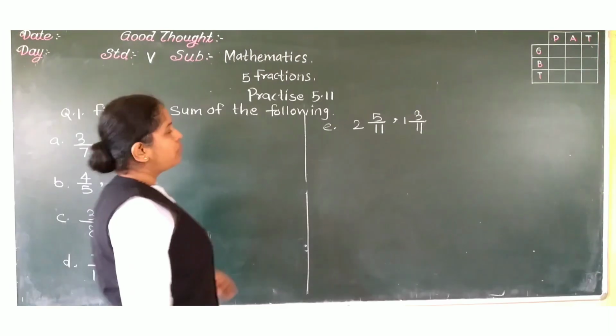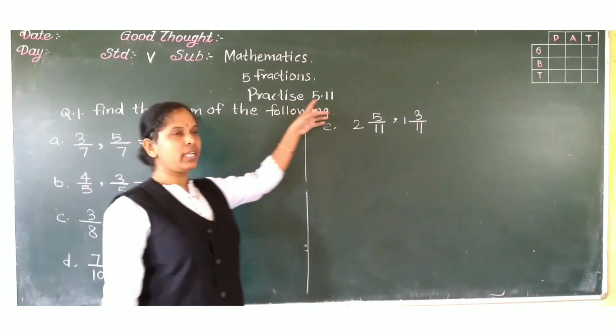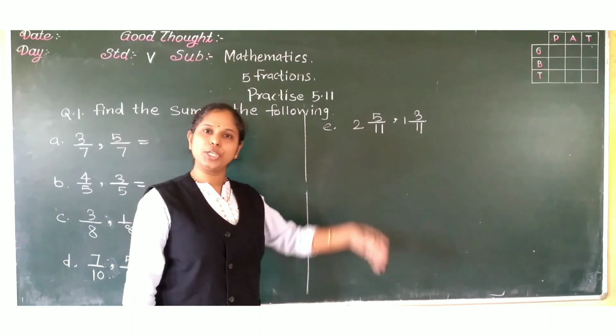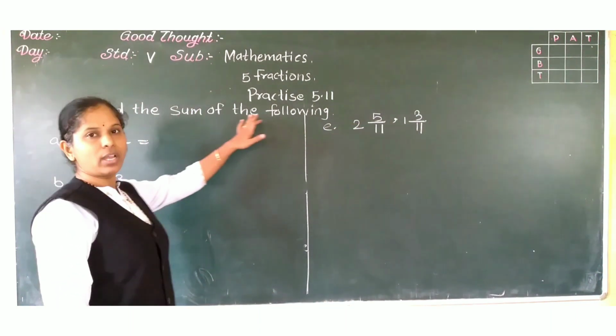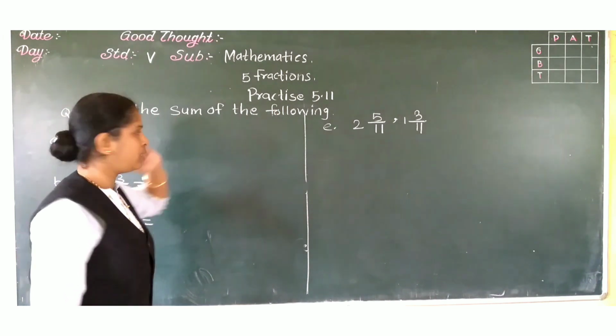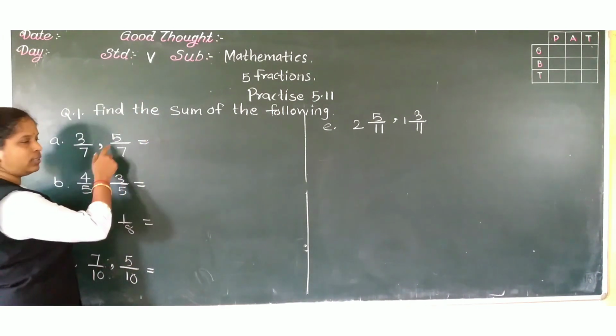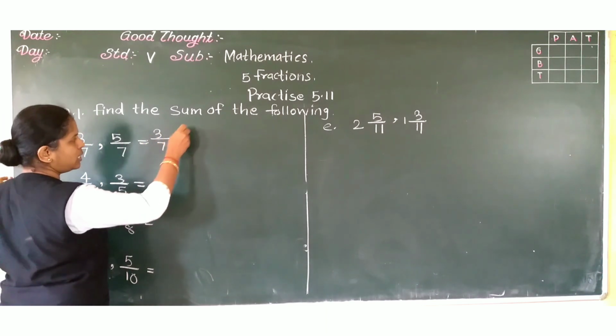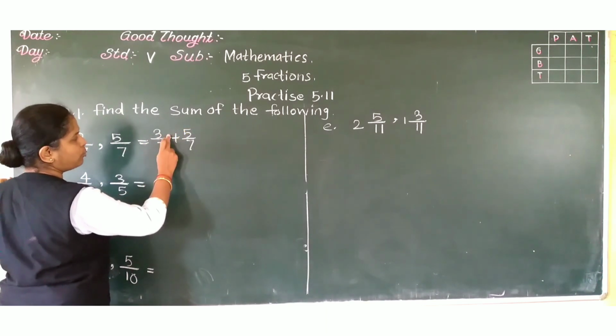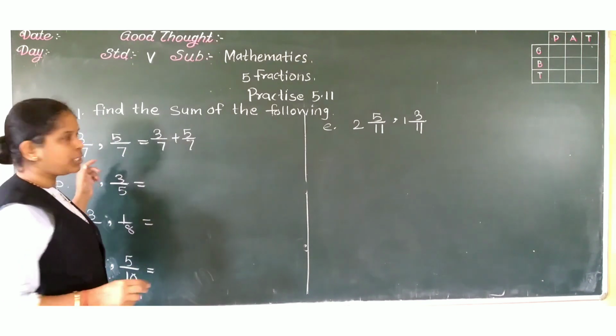We will solve Practice 5.11, which is based on addition of fractions. See, find the sum of the following. Sum means addition. So 3 upon 7 and 5 upon 7. How do we do it? 3 upon 7 plus 5 upon 7. We have to do the sum, that is addition.